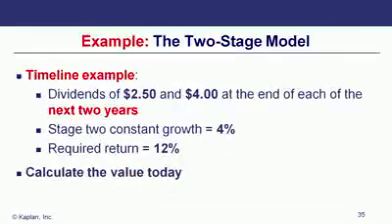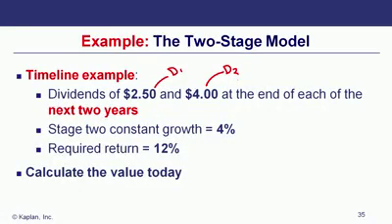Here we go, finally, with an example. So, dividends of $2.50 and $4 in each of the next 2 years. Again, get into good habits in the exam. I interpret this as dividends of $2.50 and $4 at the end of each of the next 2 years. I think they've given me D1 and D2.